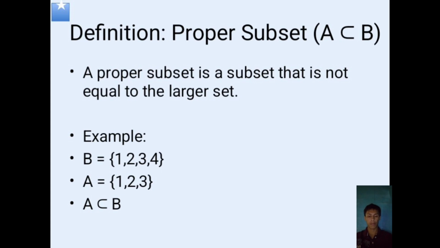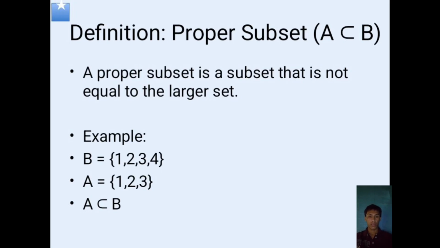It is different from the subset symbol, because the subset symbol has a line at the bottom, but the proper subset symbol has no line at the bottom. So when we say a proper subset, it means it is a subset that is not equal to the larger set.